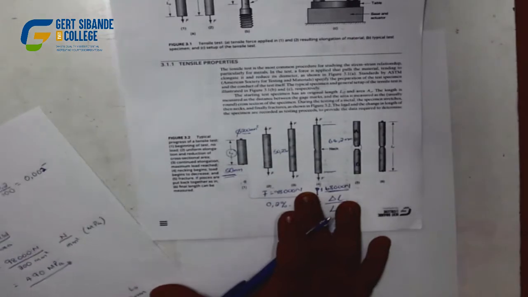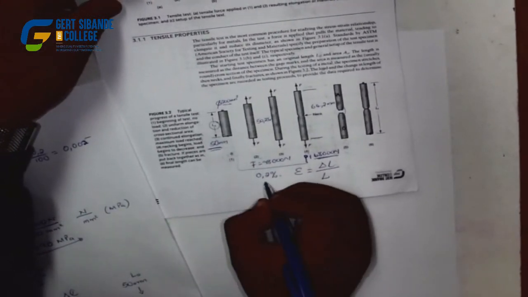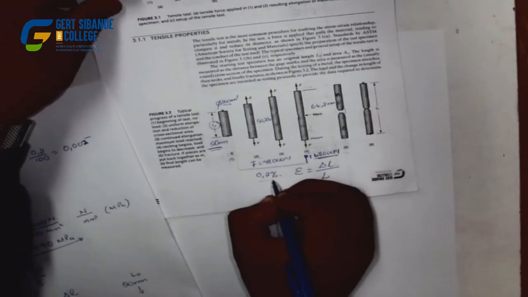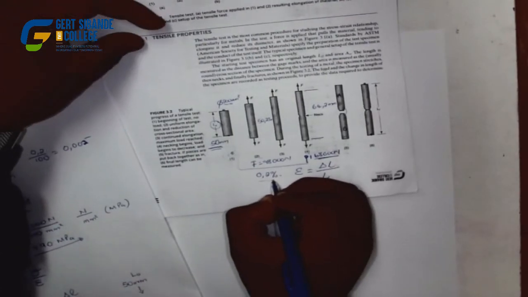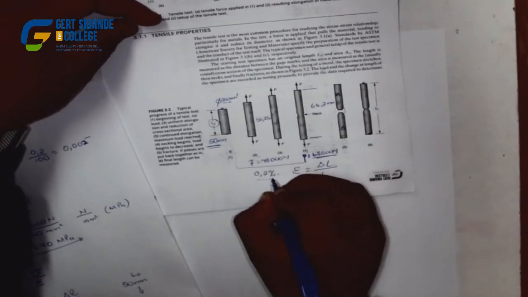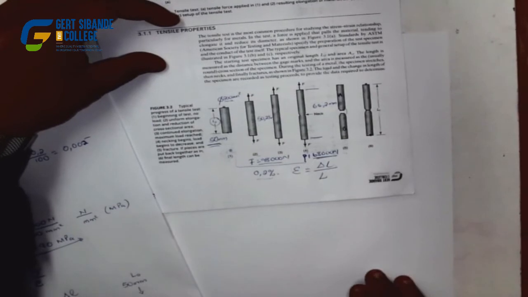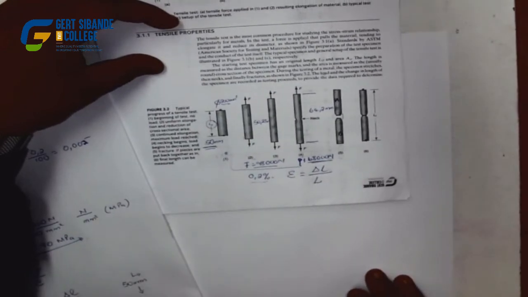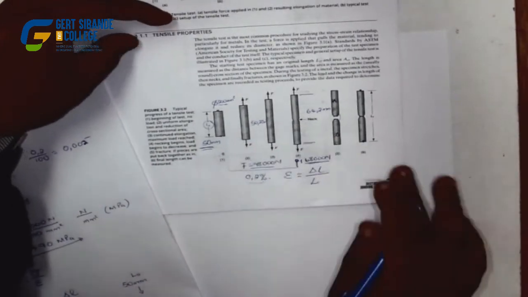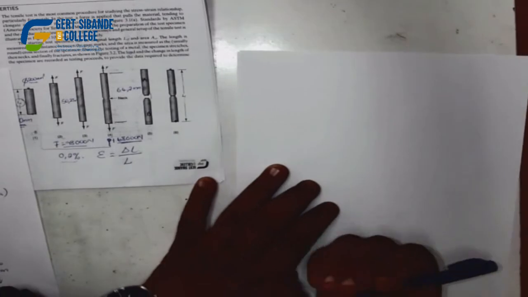Then the material goes under deformation at the 0.2% stress point, where the force experienced is 98,000 newtons at a length of 50.23.